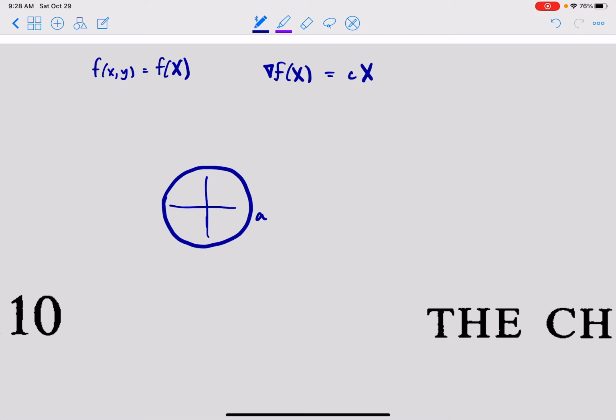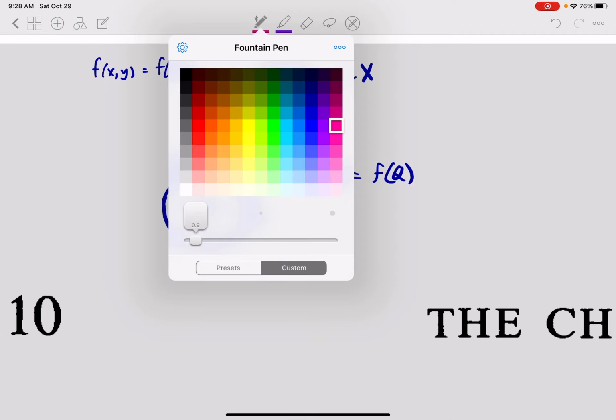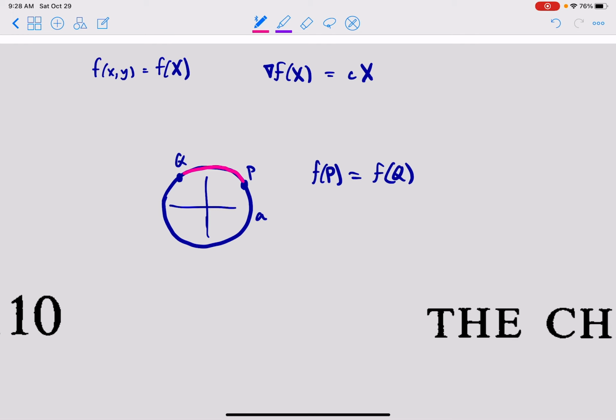And what we're going to do is, if it's constant, then if you take any points p and q, we need to show that f of p is equal to f of q. Now, what we do is we join p to q by a differentiable curve.